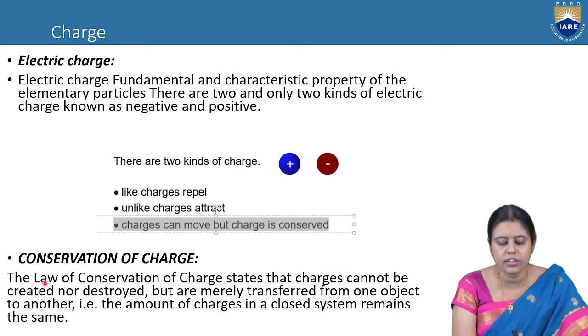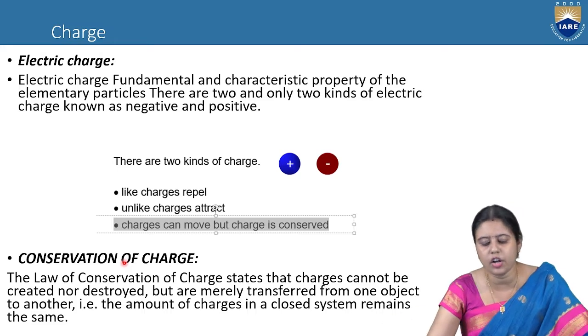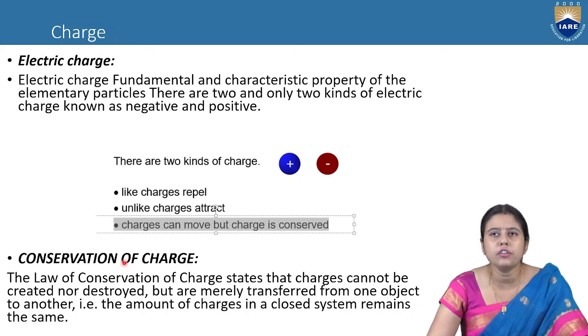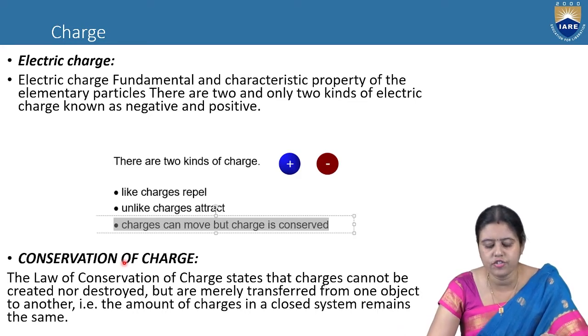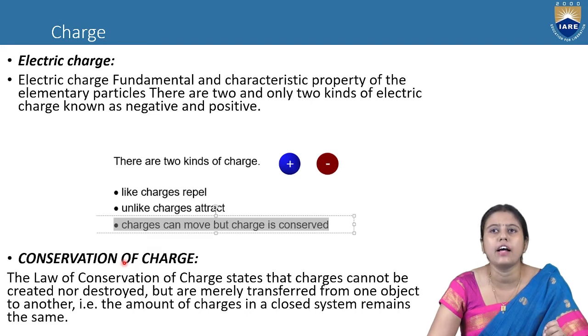What is the meaning of conservation of charge? According to the conservation of charge, charges cannot be created or destroyed, but we can transfer them from one object to another.